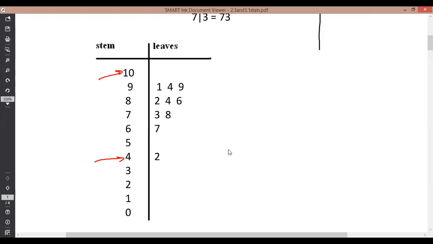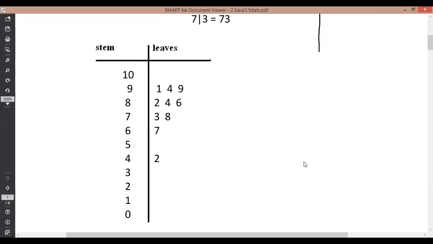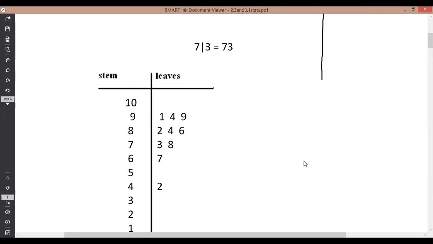But I opted to go all the way down to 0 because students could have made a grade of 0, right? Or a 0 with a 1 as a leaf would mean they made a 1 or something like that. All right. You have your stems here, you have your leaves here.